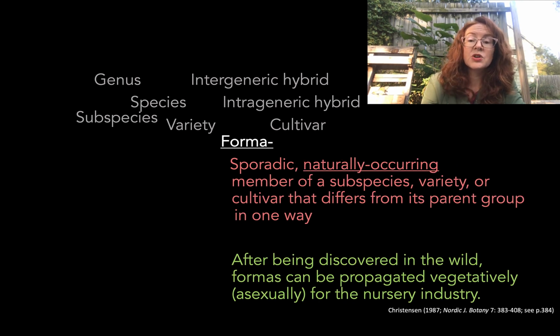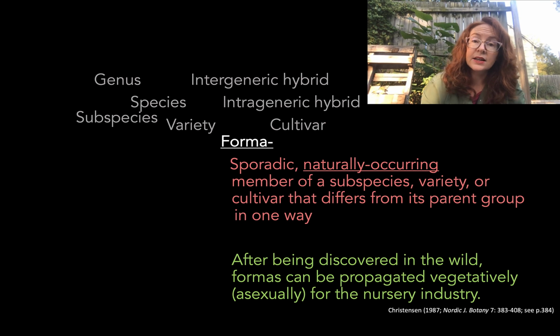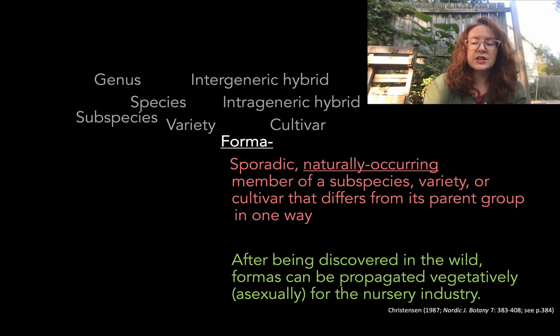So these are naturally occurring, like I said, and after they are discovered in the wild, they can be propagated vegetatively so that they are available commercially in the nursery industry, which is to say they can be propagated asexually through cuttings, clones of the parent plant, to create new plants available in the nursery industry.